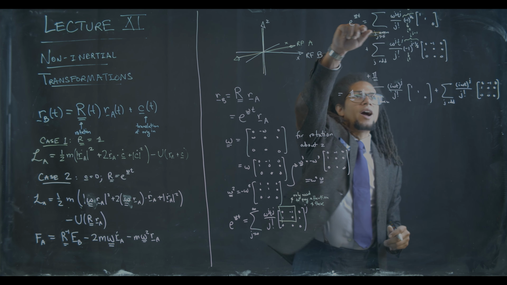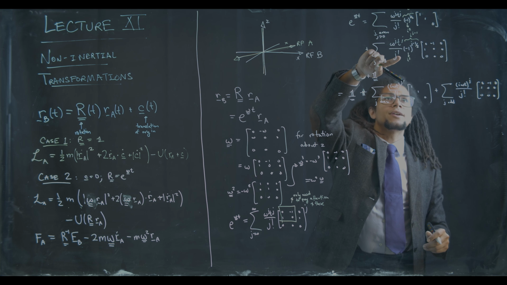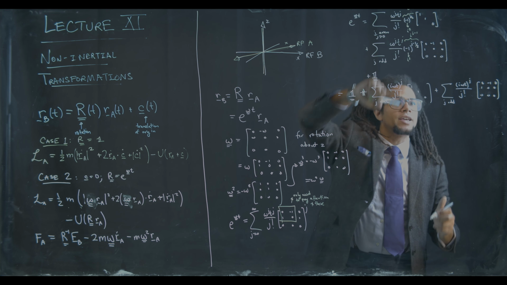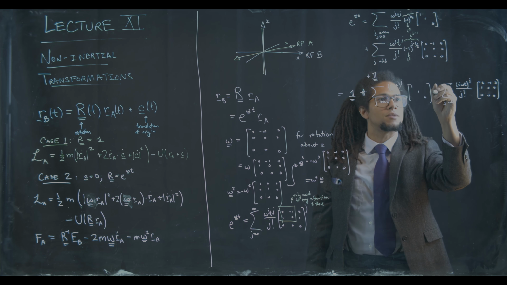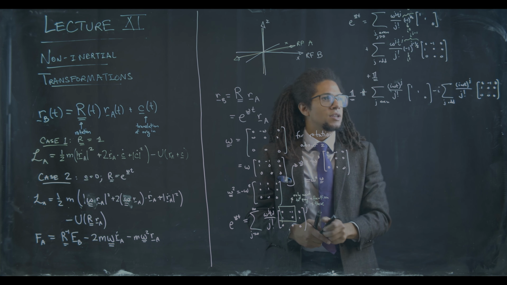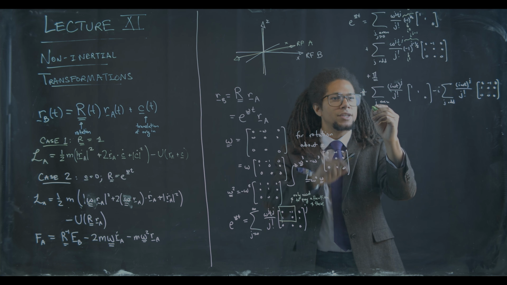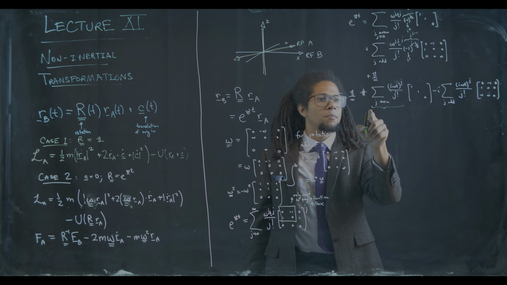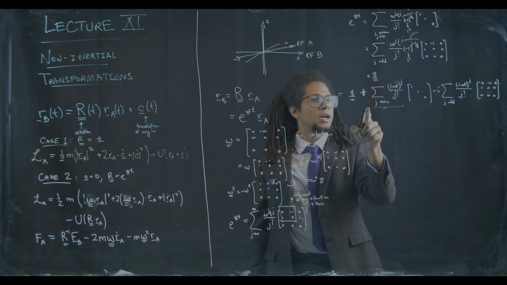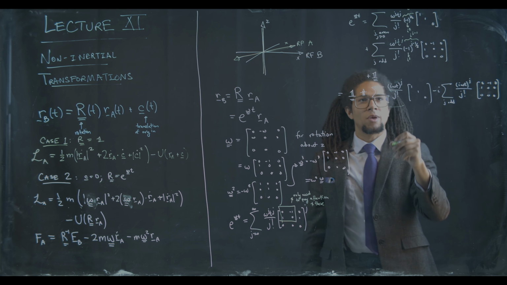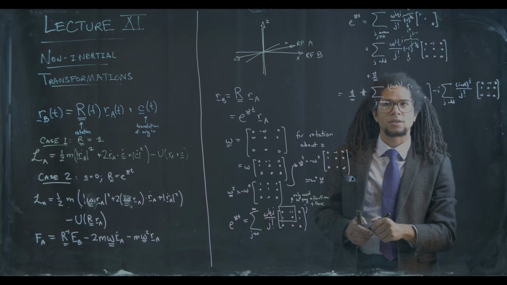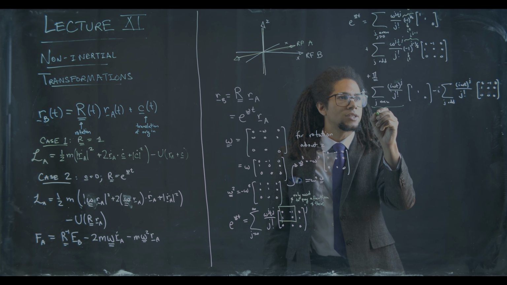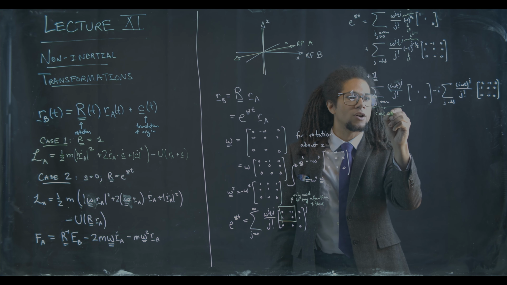But then I also have a 1 over i, because this was i to the j minus 1. 1 over i is minus i, so I can say minus i times this. Now the key is that this series is exactly the Taylor series for cosine, and where I need to include 0 as well. So maybe what I'll do here is I will add and subtract 0. So let's note that this is basically cosine of omega t.